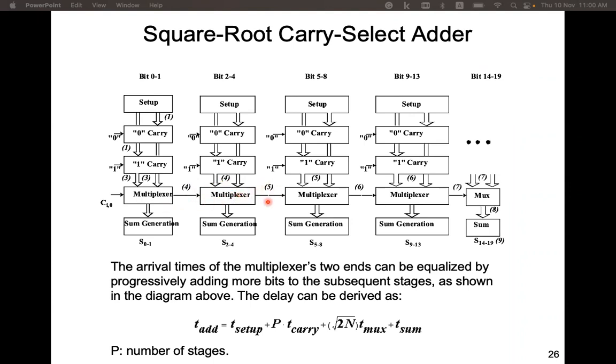And this further propagates to the next multiplexers. The time 5 on the left of this multiplexer, time 5 on the top. So equal arrival time. That's very good. Same for the last multiplexer stage. Okay, so that's the idea: make the word length progressively wider.